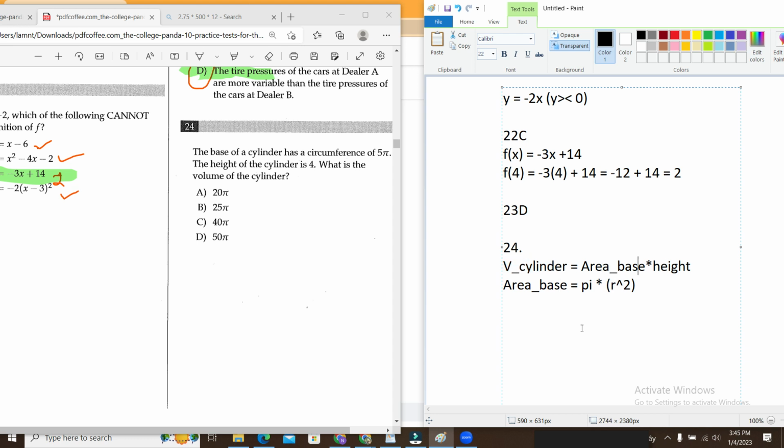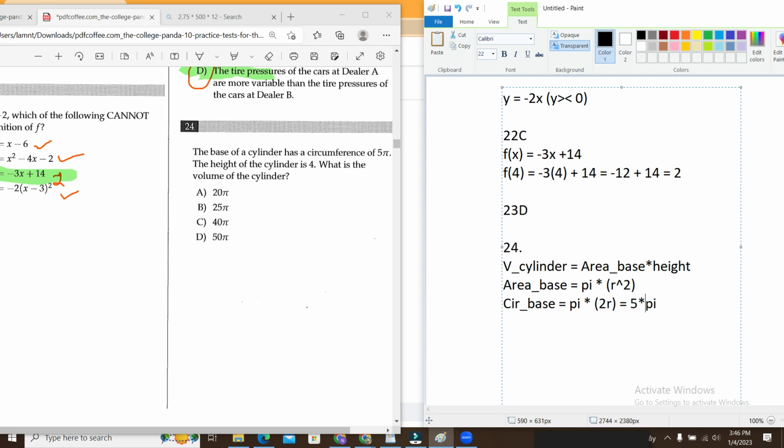Because we know the height already. The circumference of the base is pi times 2r, not r squared anymore, 2r, and that's actually 5 pi.